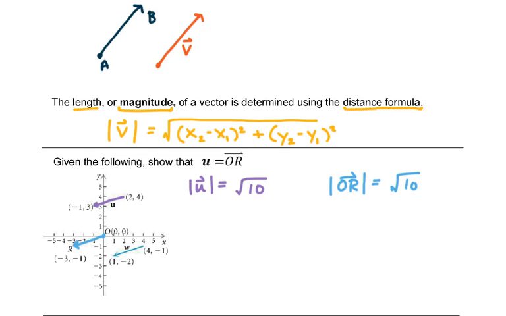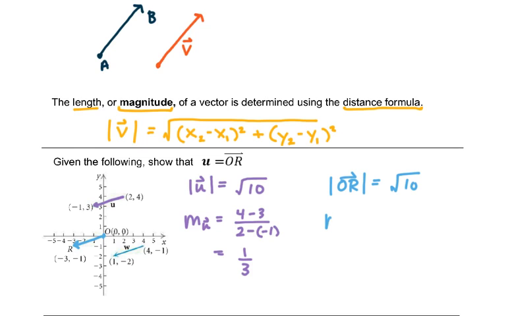Well, these vectors are both lines, so we can find the slope for each. So the slope for vector U would be the change in y, 4 minus 3, over the change in x, 2 minus negative 1, which is 1/3.